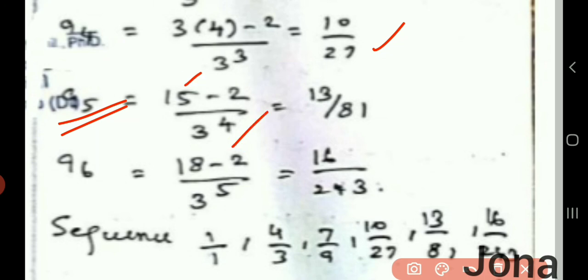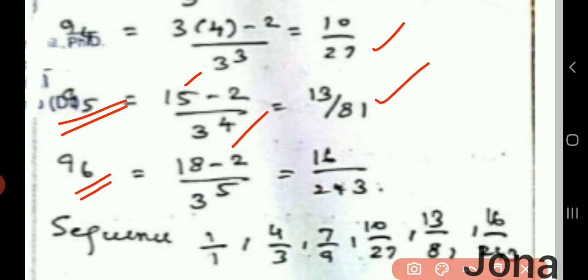And then for n equal to 4, that is a4, equal to (3 into 4 minus 2) divided by 3 cube, equal to 10 by 27. And then for a5, n equal to 5, that is 3 into 5 is 15, minus 2, divided by 3 power (5 minus 1), which is 4. So we have 13 by 81.